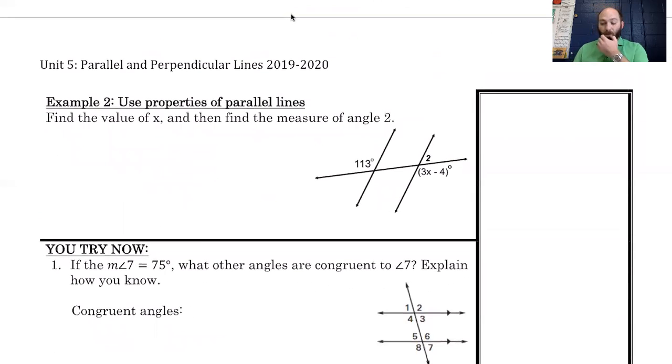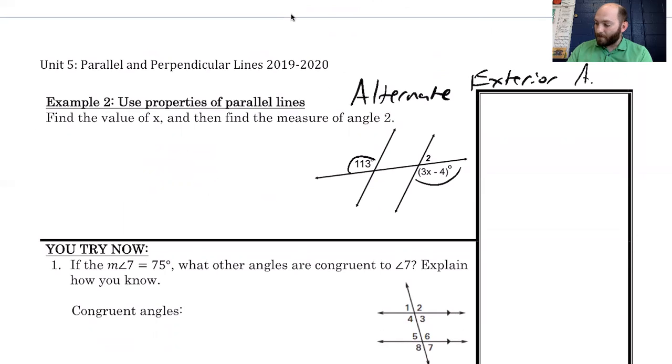Okay, so for example 2, we're going to start with our special relationships, and that is these two right here. Those two angles are an example of alternate exterior angles. So when I have that, I know from earlier, those are congruent angles.